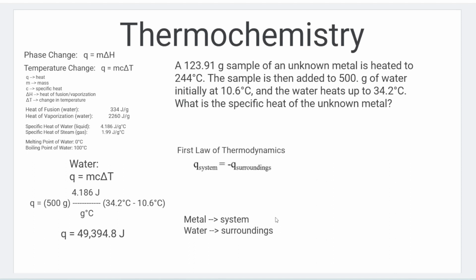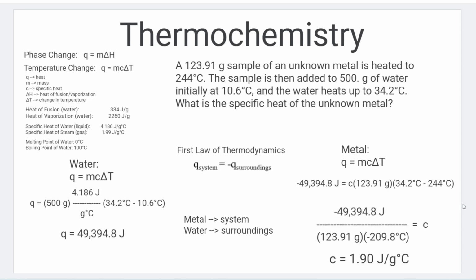Therefore, we now have Q for the metal, meaning we can solve for the specific heat using mc delta T. And so, after plugging in Q, M, and delta T, we can now isolate C to solve for it. And so, the specific heat of the unknown metal is 1.90 joules per gram degree Celsius.